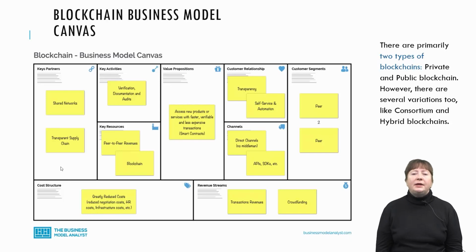In this template, you can find some examples of digital marketing channels, or how to build customer relationships, for example, building transparency or arranging some kind of self-services within the blockchain system.